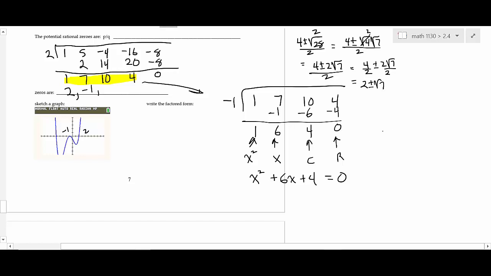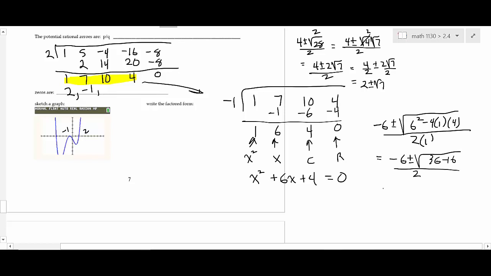Let's just go ahead and go to the quadratic formula. So we have -b plus or minus the square root of b squared minus 4ac, all over 2a, like that. So we're going to end up having -6 plus or minus square root of 36 minus 16, all over 2.